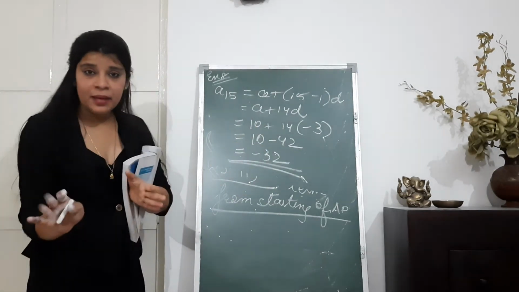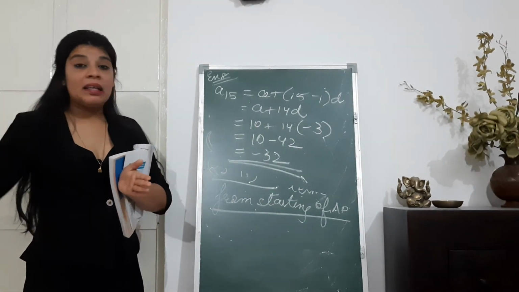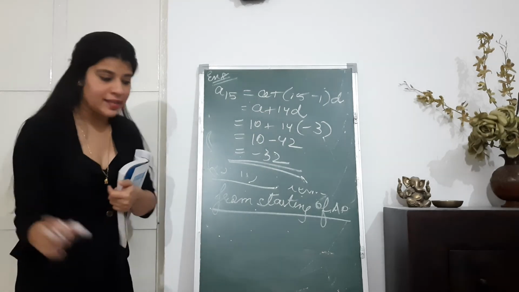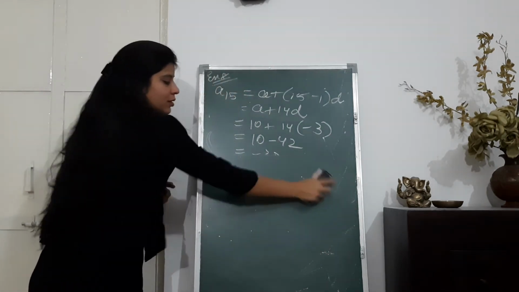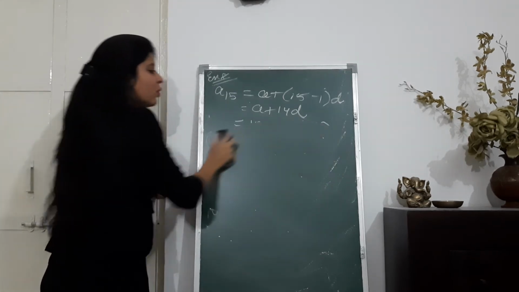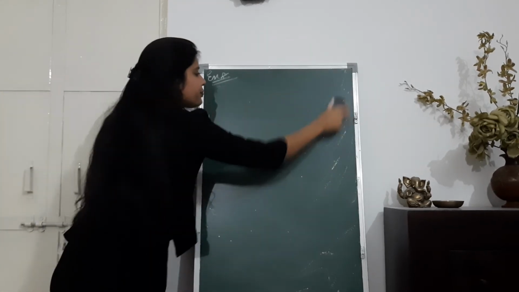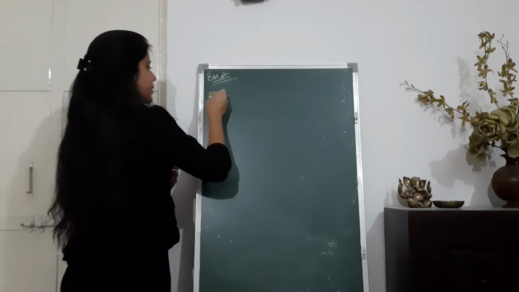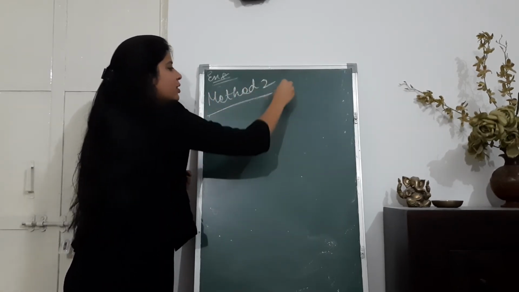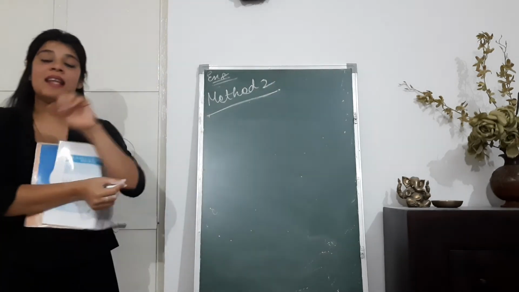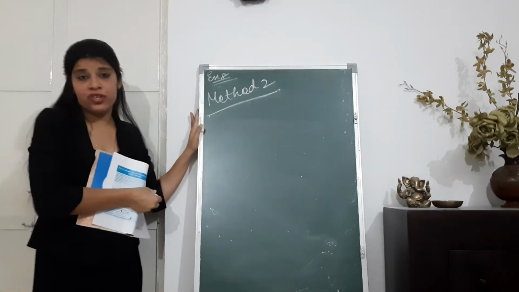So this method may appear confusing to some students. For that case, there is one simple approach to do this question, which is method 2. Now let's see what it is. See, method 2 is easier because it has fewer chances of making your question wrong.